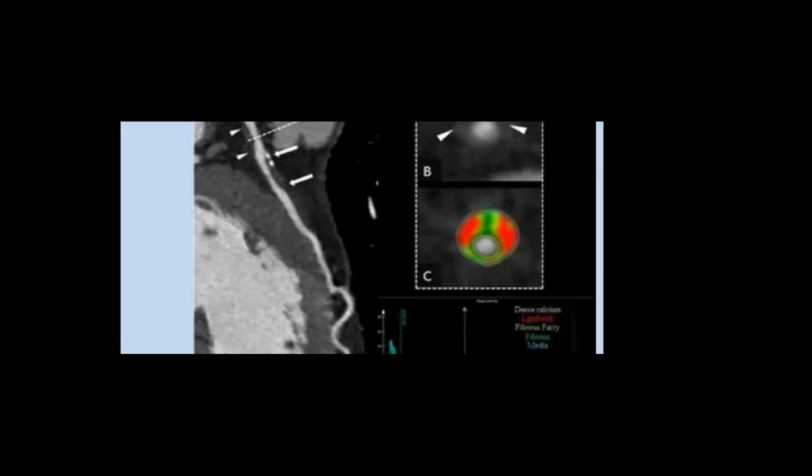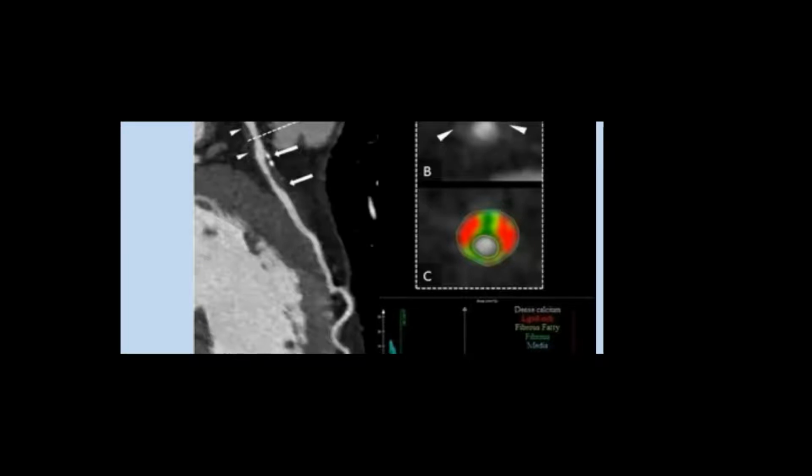So cardiac CT can show you the atheroma and the components of the atheroma. The fibrous tissue has a different attenuation than fat, than calcium. So theoretically, and practically to a large extent, cardiac CT can characterize the plaque. Okay, so if there is attenuation lower than 30, this is atheroma, this is fat.